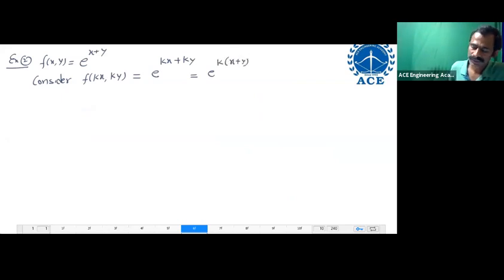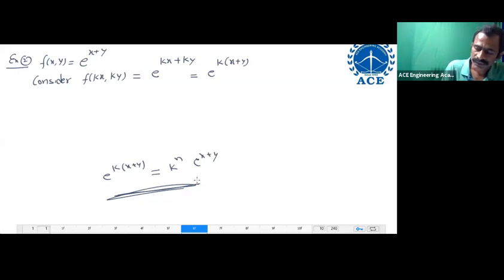Are you able to write this exponential e power k into x plus y equal to k power something into e power x plus y? Is it possible or not? Check it. If you are able to write like this, then we can say it is a homogeneous function. If you are unable to write this, then it is not a homogeneous function. Now tell me. Waiting for answer.